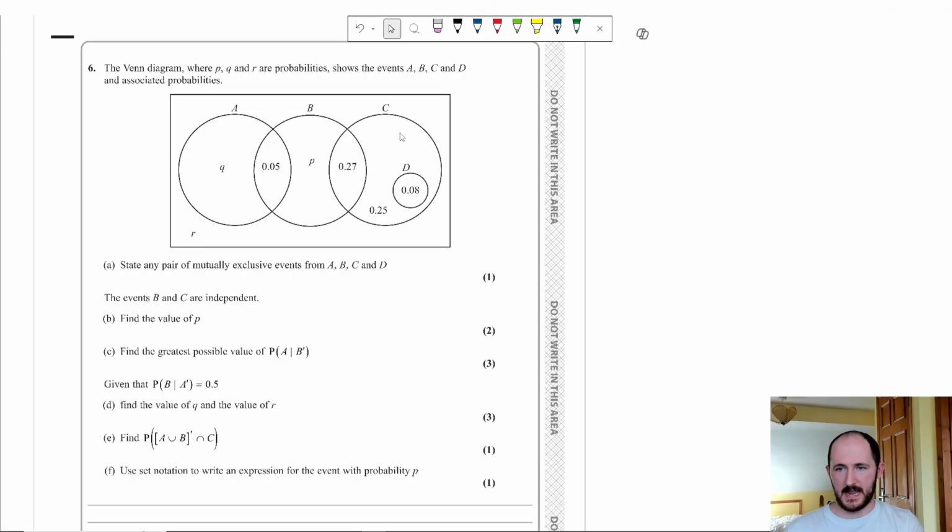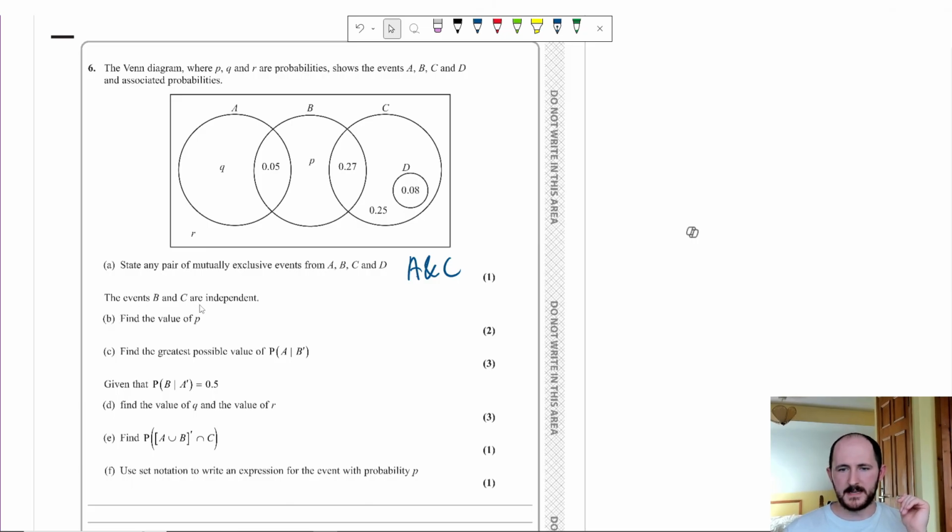B and D, A and D would also be mutually exclusive. So any combination of those works. If they don't overlap, then they're mutually exclusive. Remember, D and C do technically overlap because D is a sub-event of C. So it could be, for example, C is the probability it rains, D is hail, specifically.